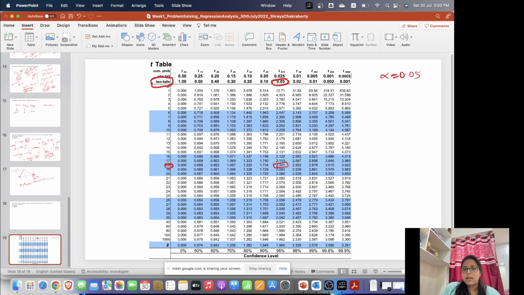It means the probability of any point less than this point is 0.975, and the probability that T is greater than 2.101 equals 0.025. So we are looking at this point, 2.101. This is my critical point.